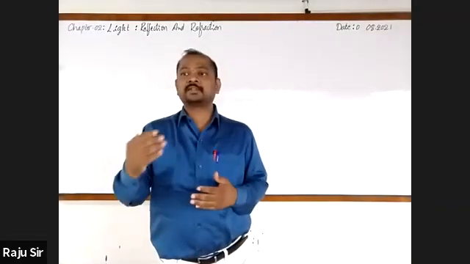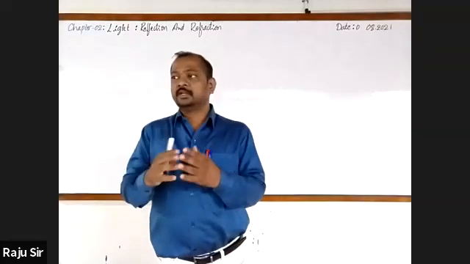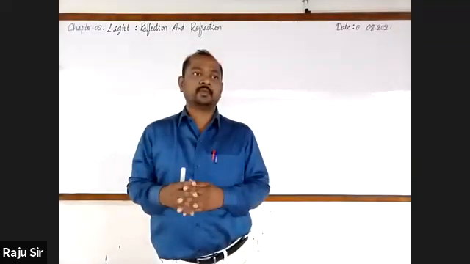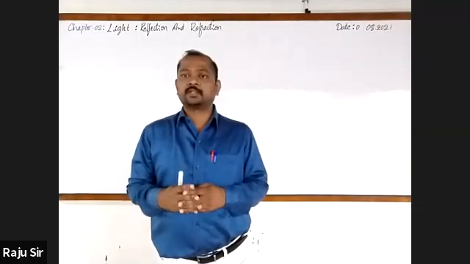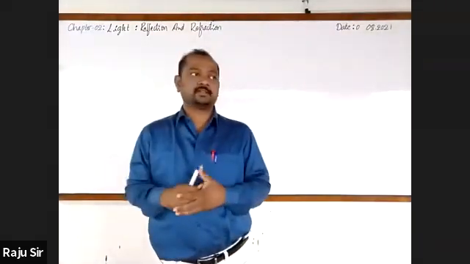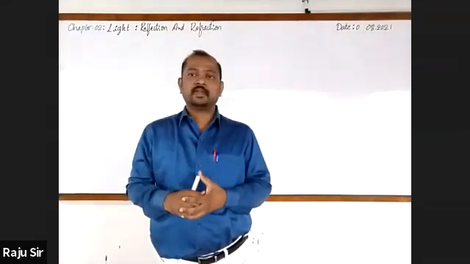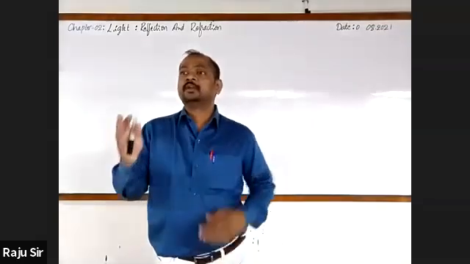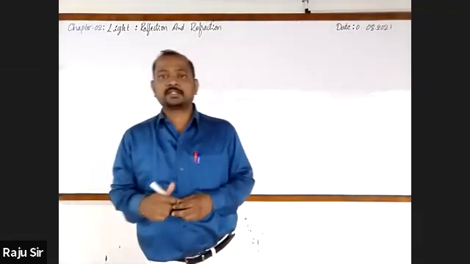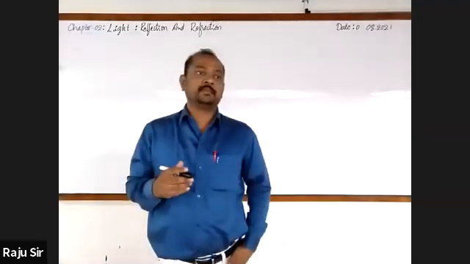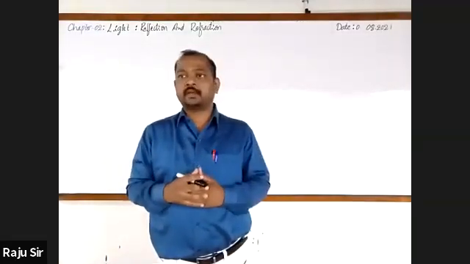Next, we started discussing the lenses. In the lenses, we have two types. A type of lens in which the middle part is thicker than the edges is convex. So we have already learned describing the characteristics of the image formed by a convex lens through ray diagrams, right?